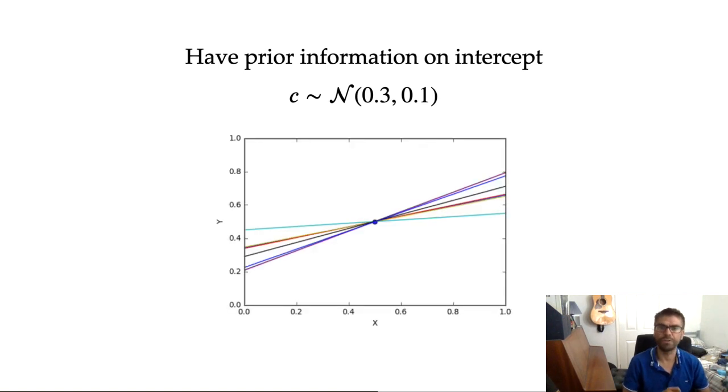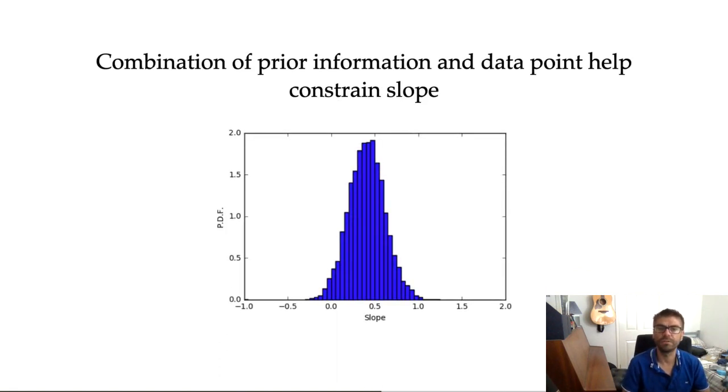Introducing that prior information alongside the data via the likelihood limits the allowed lines in our plot, and therefore gives us information on the allowed values of the slope.